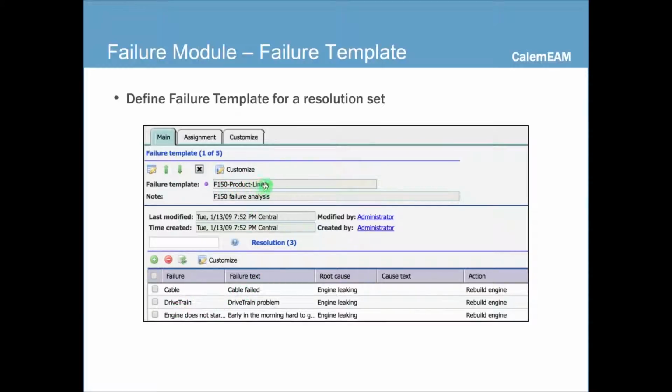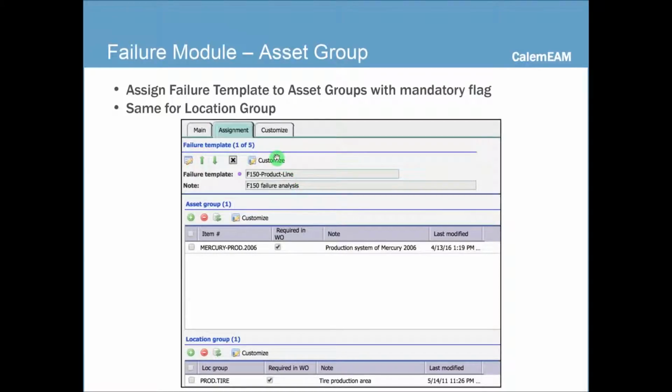A failure template is essentially a set of failures you define for an asset group or location group. Next, you assign the failure template to asset groups or the location groups, with a flag to indicate if the failure should be set at work order completion.